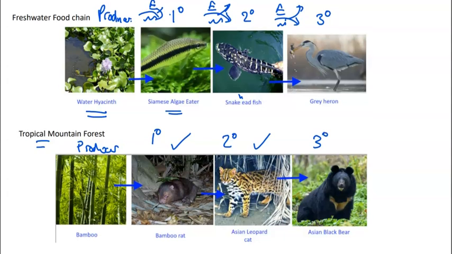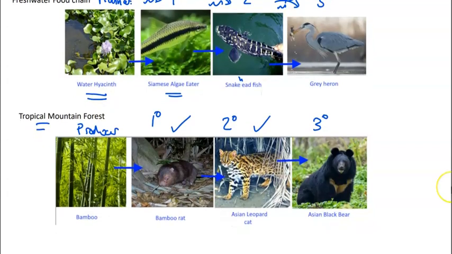Now, one of the features of food chains is that if we take the Asian black bear as an example, Asian black bears are indeed carnivorous. But Asian black bears can also be included in a food chain where they would be operating as a primary consumer.